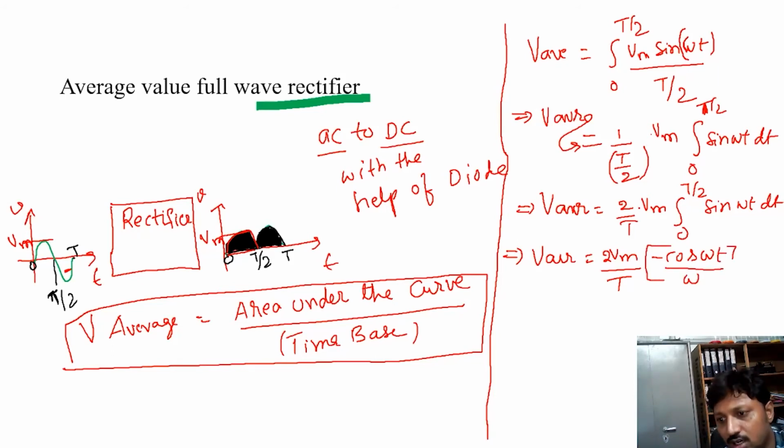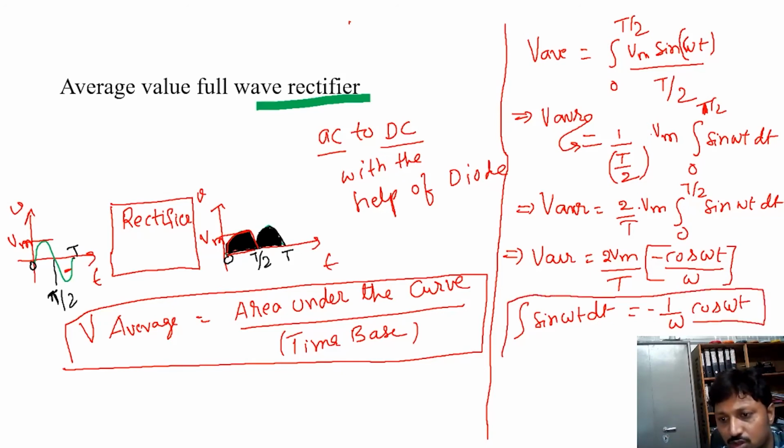This is the formula I'm going to write here: the integral of sine omega t dt is equal to minus 1 by omega cos omega t. This is the formula, right? We go for the next slide.